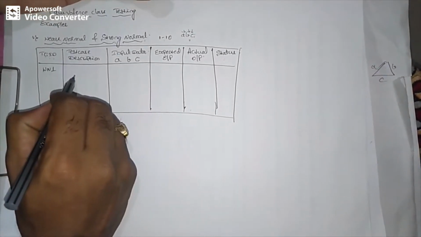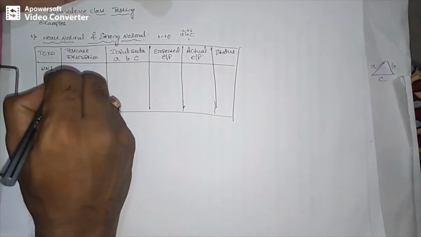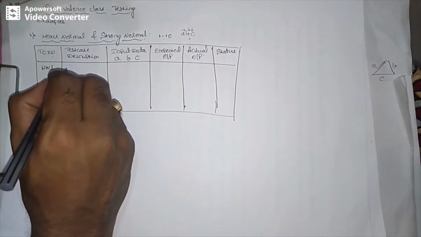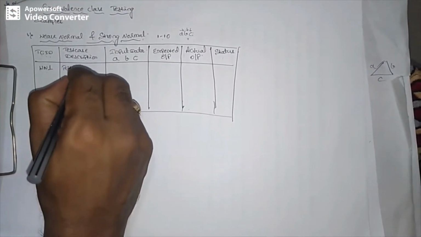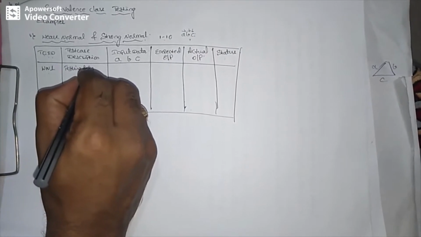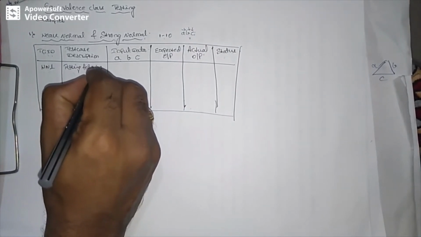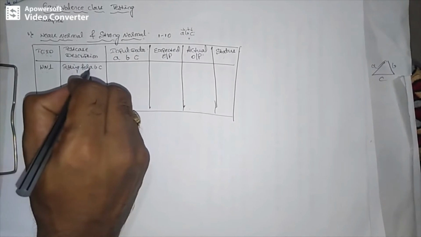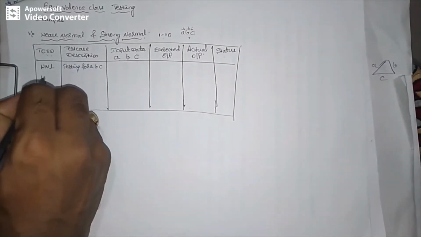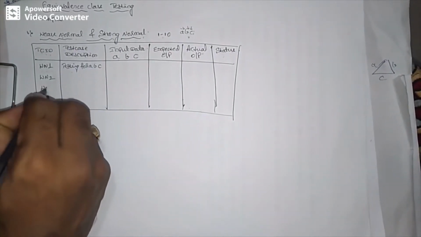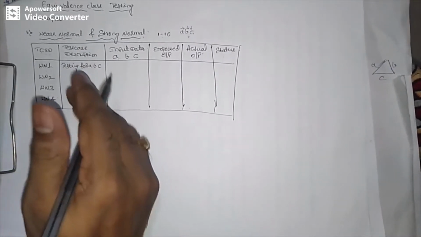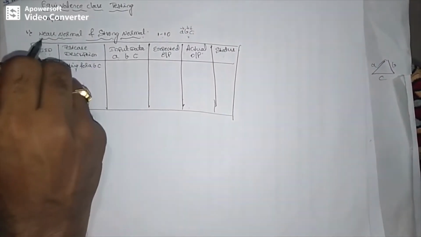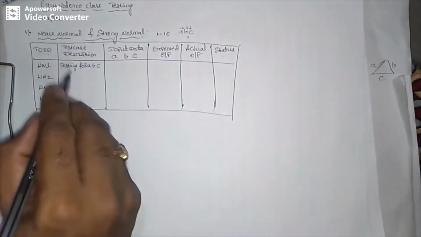In the test case description we specify the input values of A, B and C that we are going to use. WN1, WN2, WN3 and WN4 are the four test cases we write under weak normal for the triangle problem.